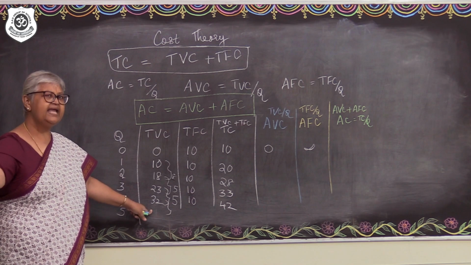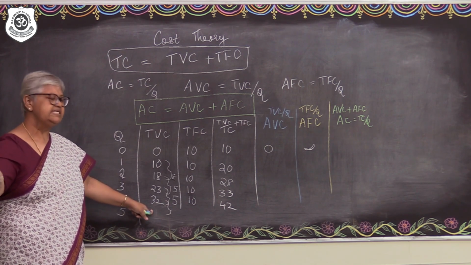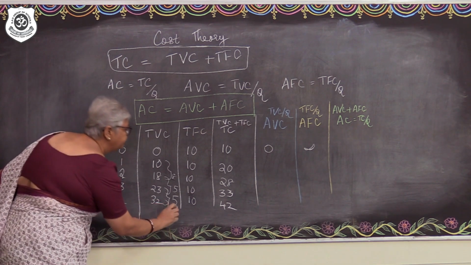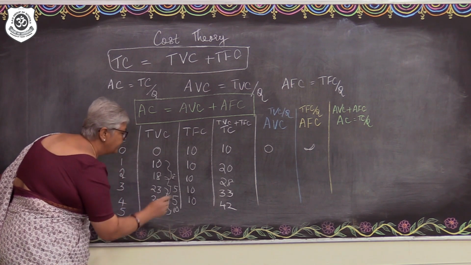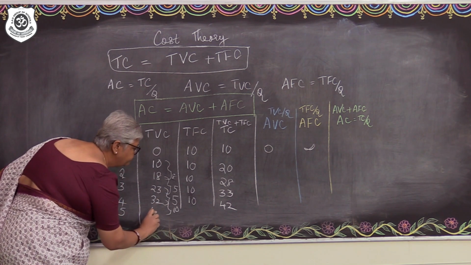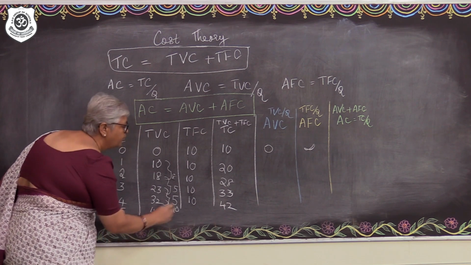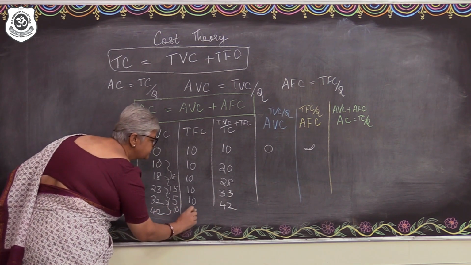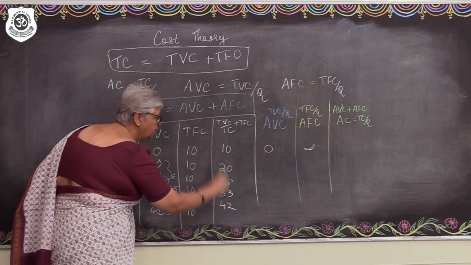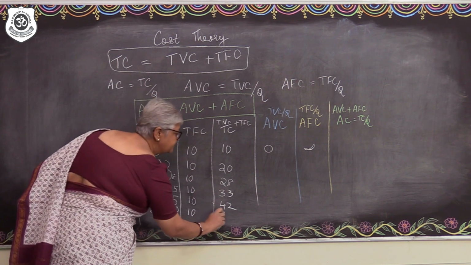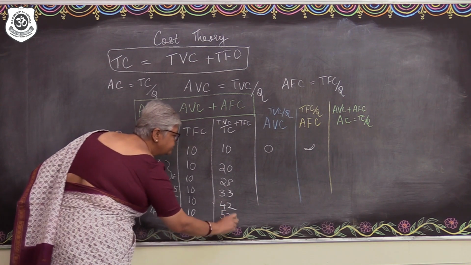Decreasing, after that negative returns is going to set in. Right? So the total variable cost is going to increase by 10 and this is going to be 42. What about this? Fixed cost still remains fixed. As a result of this, the total cost will be 42 plus 10 and that will be 52.